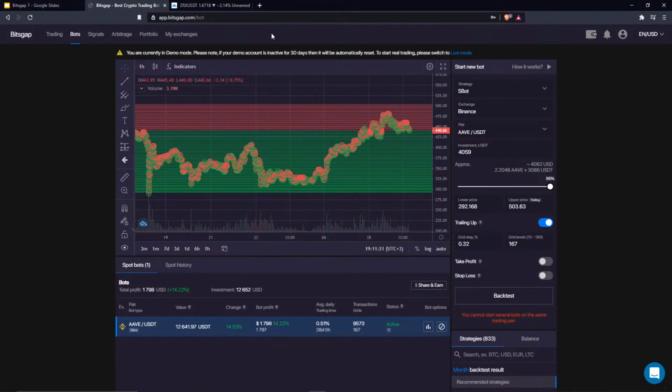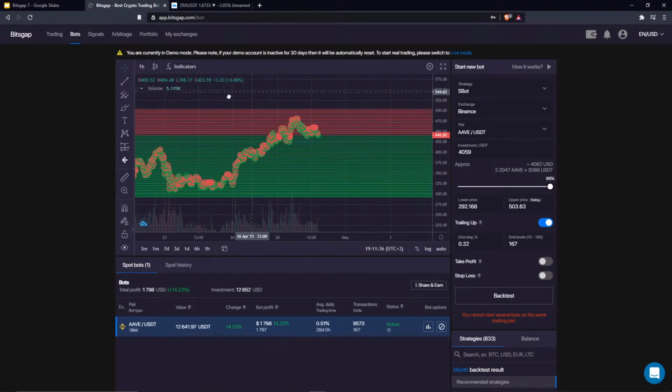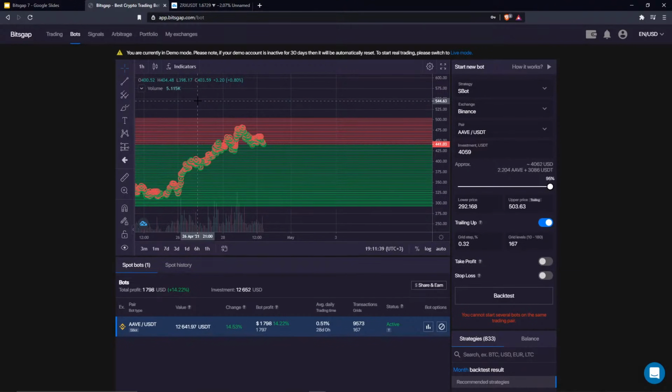So, as I said, the SBOT is the ultimate solution on the sideways market. Why? The thing is in the investment distribution logic. What makes the SBOT different from the classic bot is that they distribute your investments in a different way.